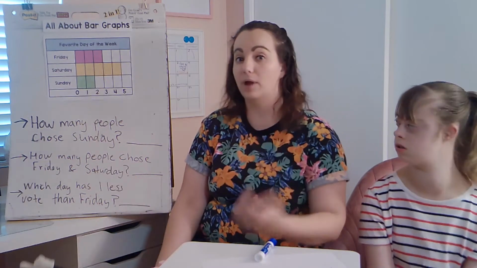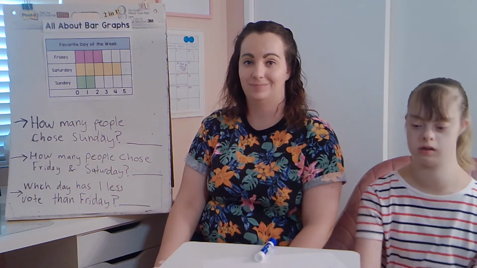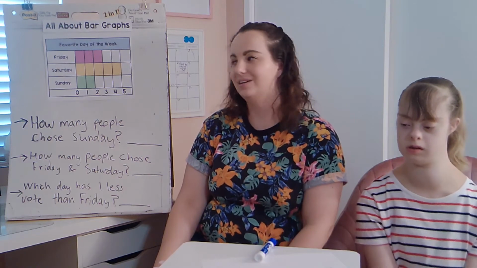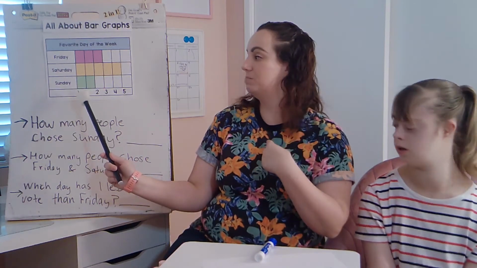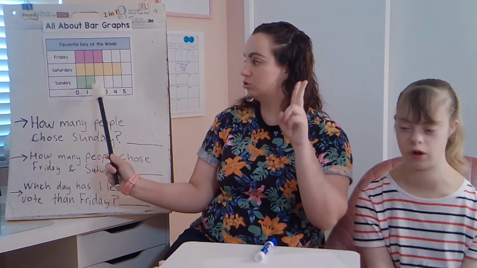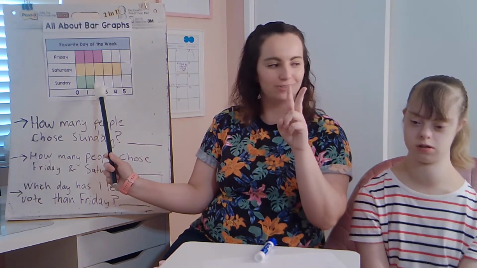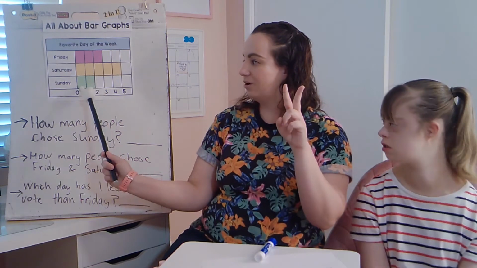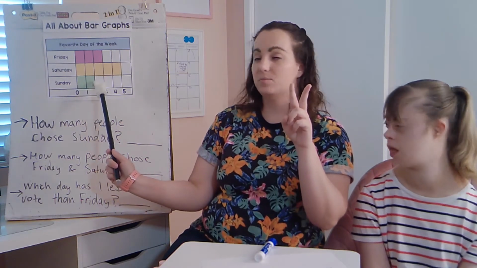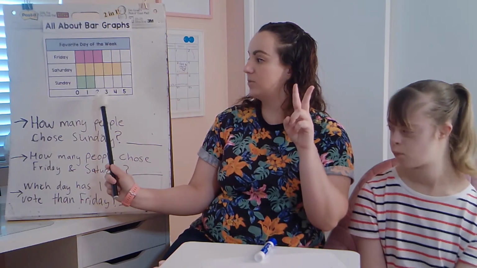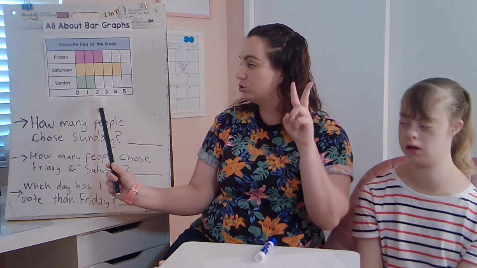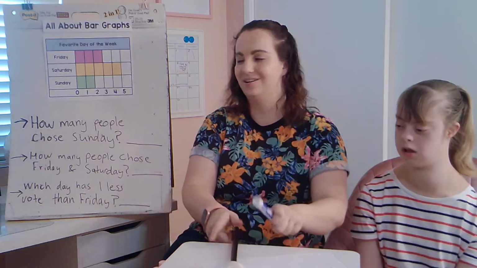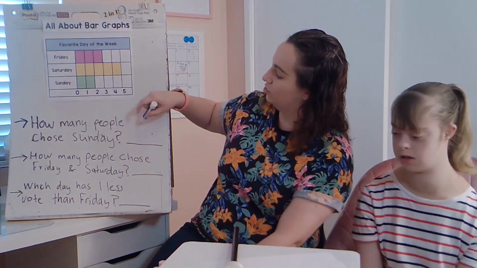We can count how many bars there are. Count with me. 1, 2. How many people chose Sunday? I say 2. Yes. We can also see that by where the bars end. It's right there on number 2. So 2 people chose Sunday. So we write 2 right here.